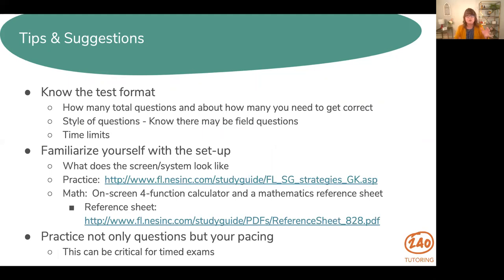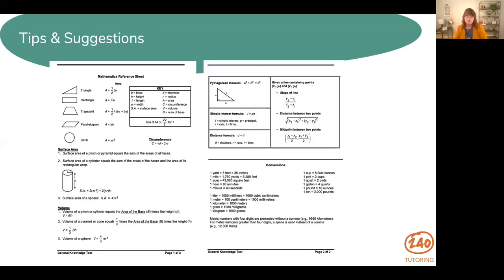I moved through 6 questions pretty quickly, and I was doing a lot of teaching and explaining. If I was just answering those, they should go pretty quickly, but practice that pacing because you want to save your time for the questions that actually ask you to calculate and do a lot of math because those are going to take longer.